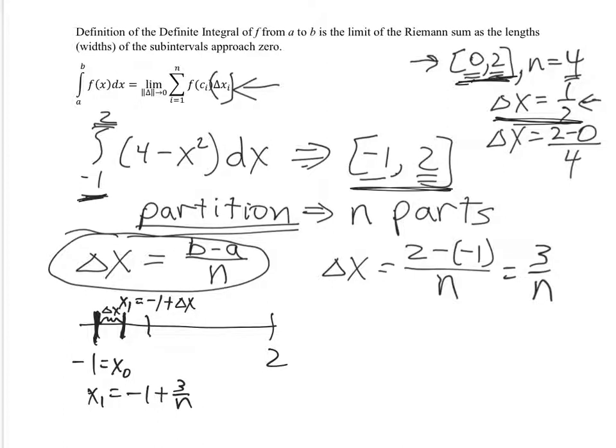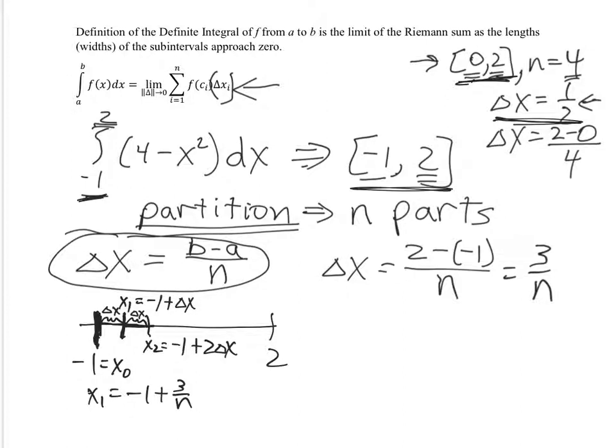Next, what about x sub 2? Well, to get from x sub 1 to x sub 2, we go another delta x. So x sub 2 is going to be, to represent that in this case, we start at -1, and we're adding one delta x and a second delta x.